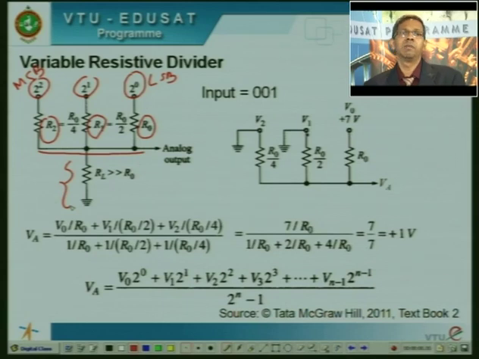The reason we take a very large load resistance is that this ensures that it does not load the output. Okay. So, for all practical purposes, the resistance here is taken as so large that we can ignore it as an open circuit. Usually in practical converters, this high input impedance is given by op amps. We have already done op amps.